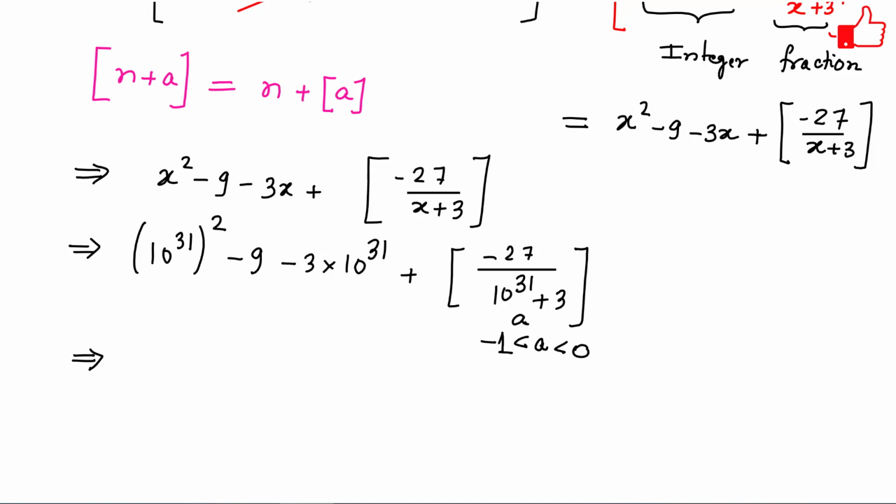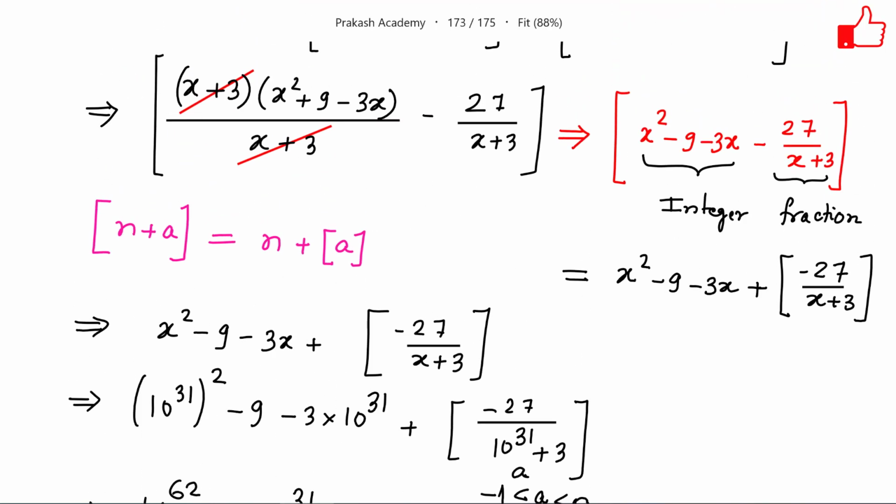So now this is what you have: this is 10 raised to the power 62, and this is minus 3 times 10 raised to the power 31, plus 9, and this is simply minus 1. Basically I made a mistake. This will not be minus, this is plus.